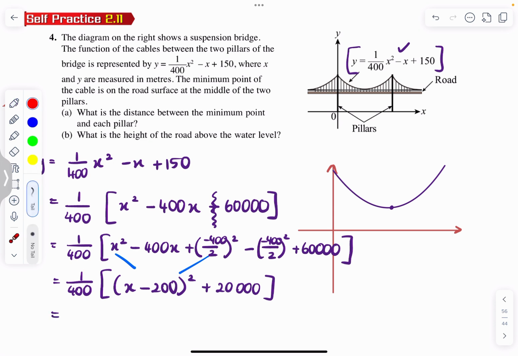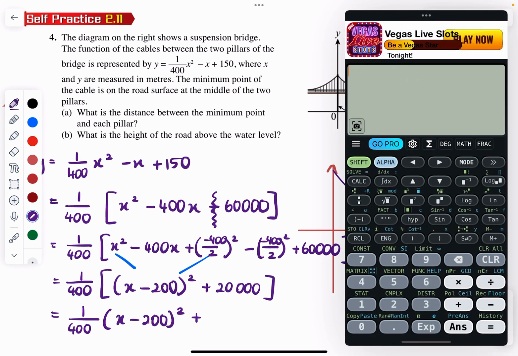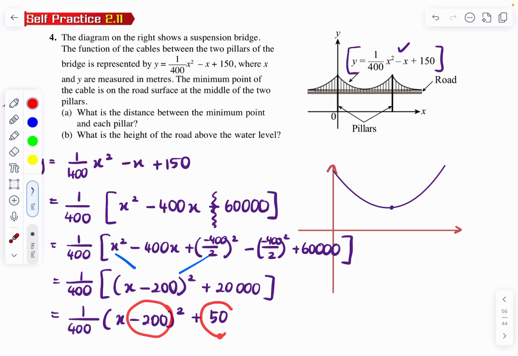Then we expand the 1 over 400 inside. We'll get 1 over 400 x minus 200 square plus 20,000 times 1 over 400 is 50. Okay. So from here we get our minimum coordinate.